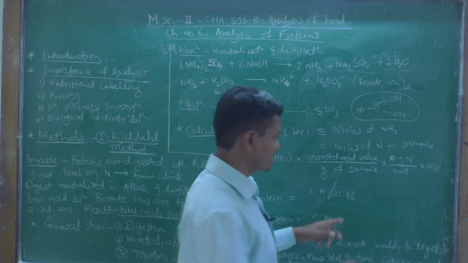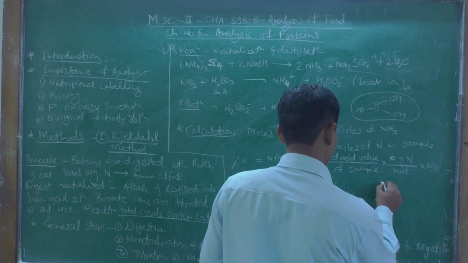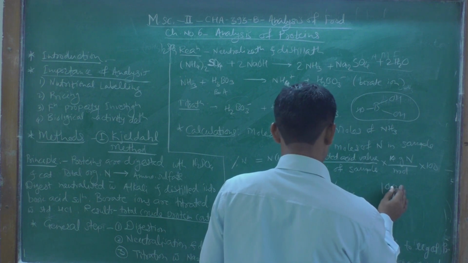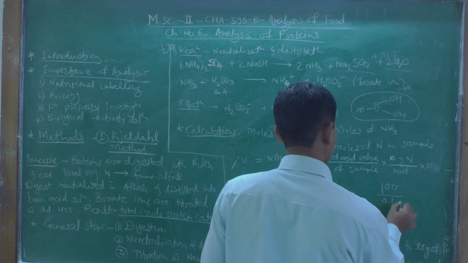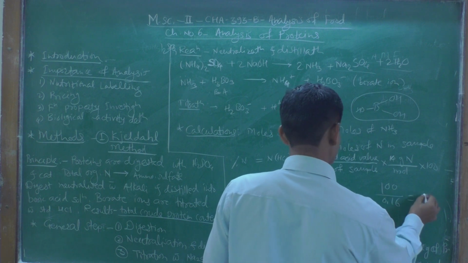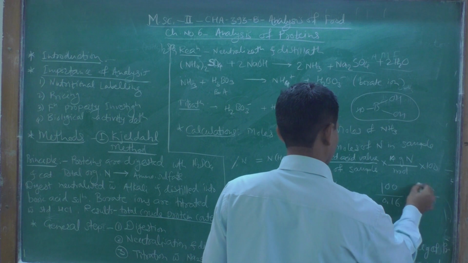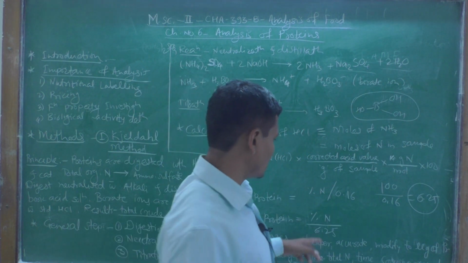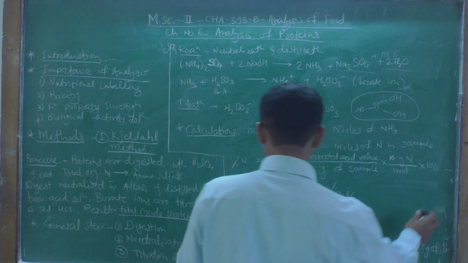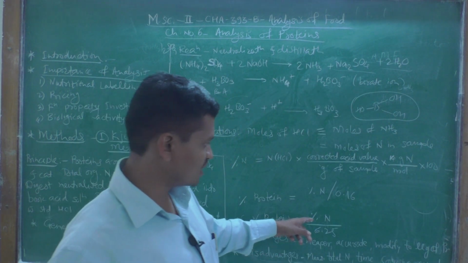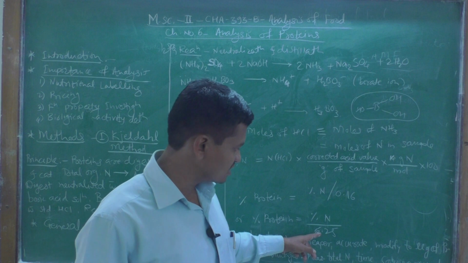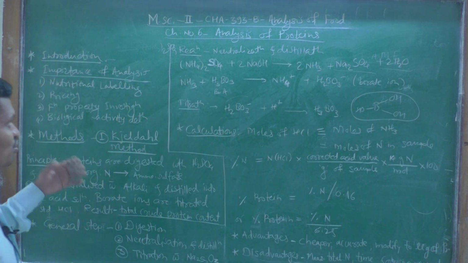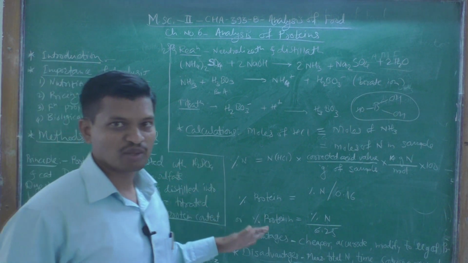As it is percentage, 100 divided by 0.16, you will get 6.25. So this is another multiplying factor, that percent protein can be calculated using the formula %N times 6.25. So this is all about the principle, procedures, reactions and calculation part of this Kjeldahl method.